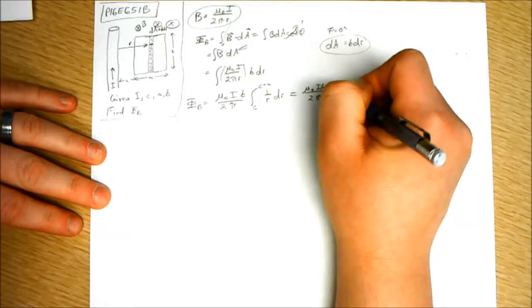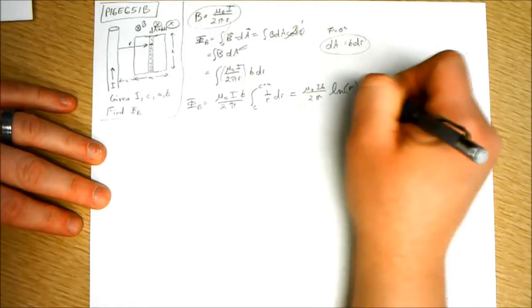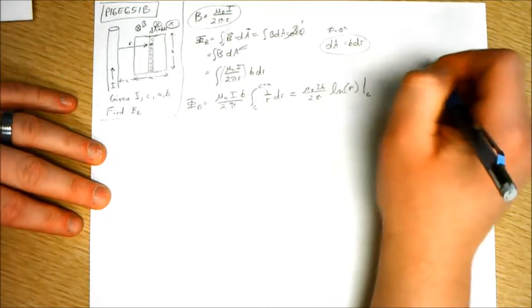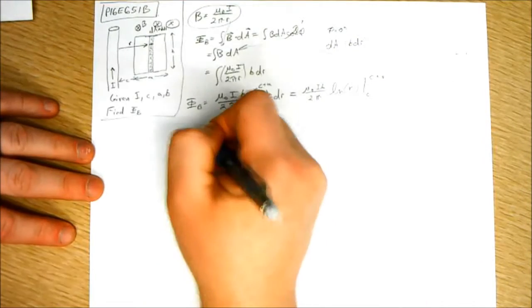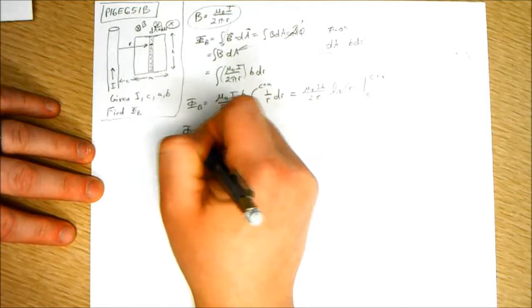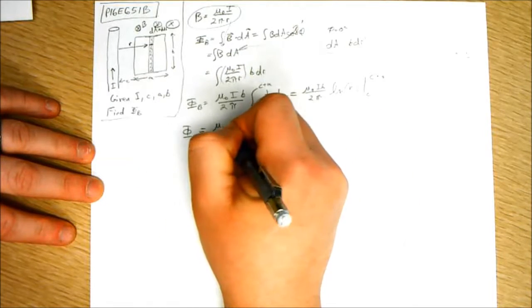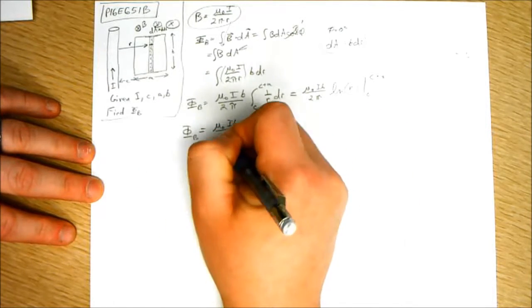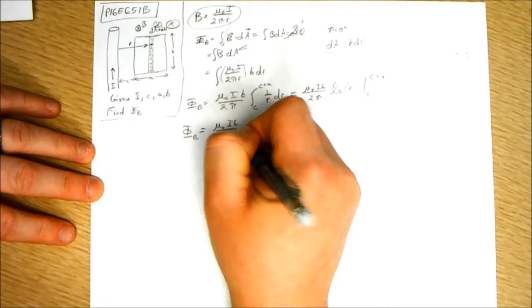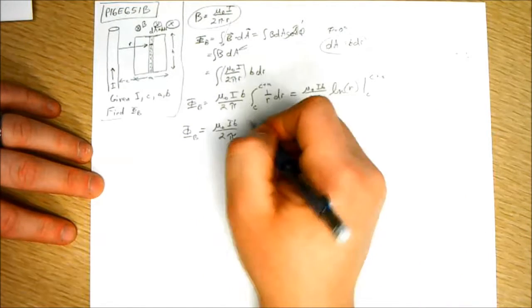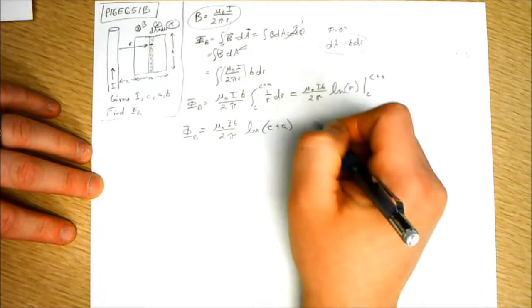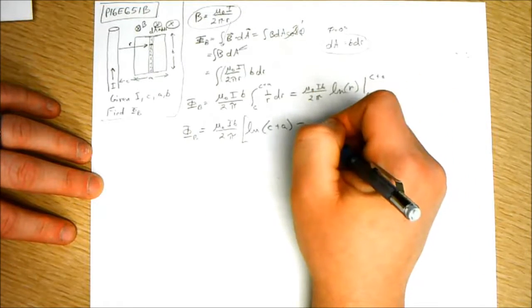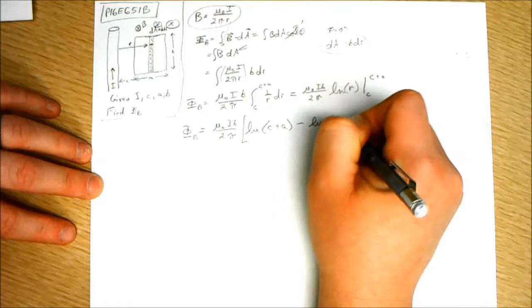So this is going to be natural log of r, evaluated from c to c plus a. So we can evaluate this at its limits: mu naught I b over 2 pi times natural log of c plus a minus natural log of c.